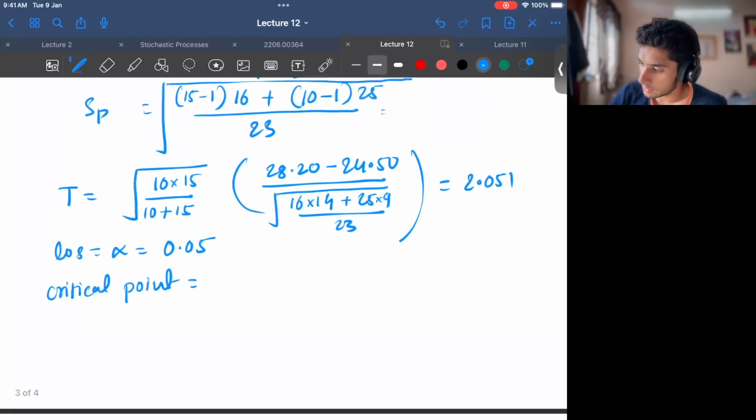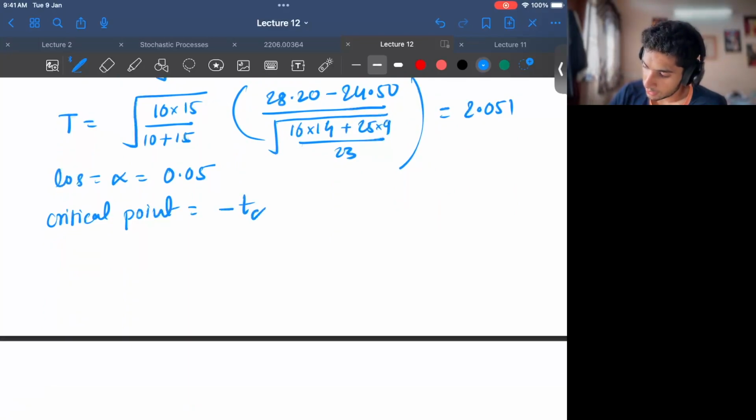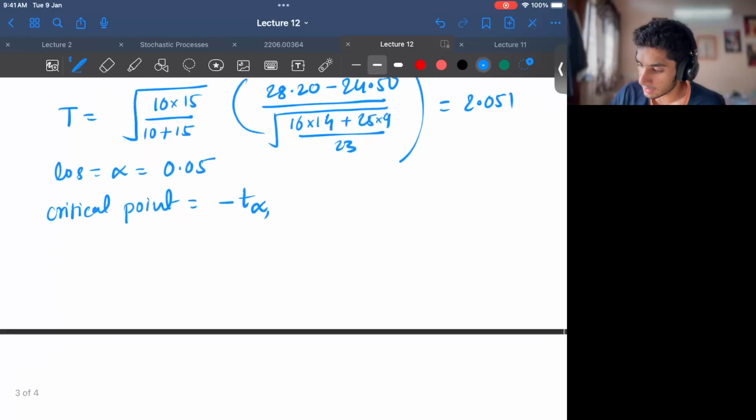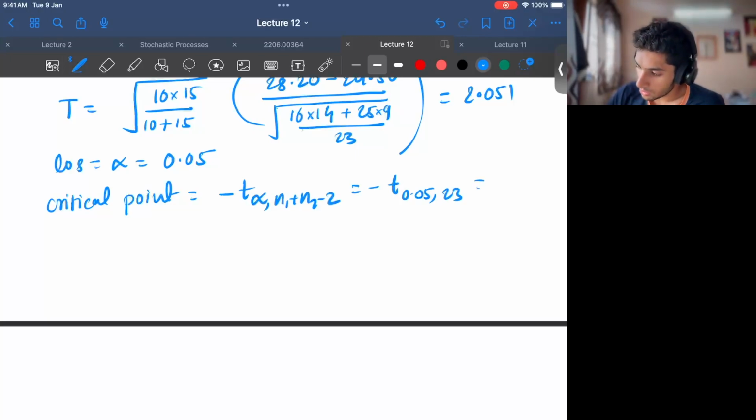Since this thing is minus T, it will be minus t of alpha, your level of significance, comma degree of freedom. What will be the degree of freedom for this test statistic? Simply n1 plus n2 minus 2. So this becomes minus t 0.05 comma n1 plus n2 minus 2, which is 10 plus 15 minus 2, which is 23. And you use your table, this comes out to minus 1.71.